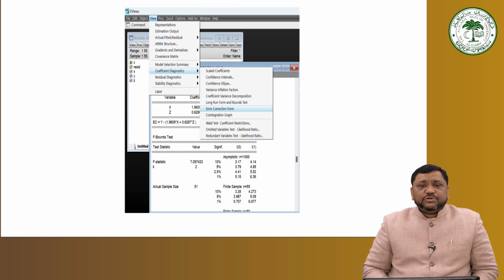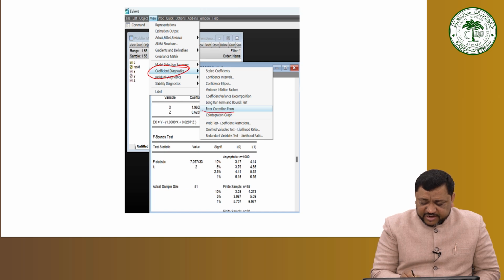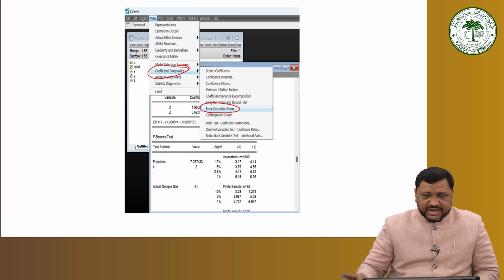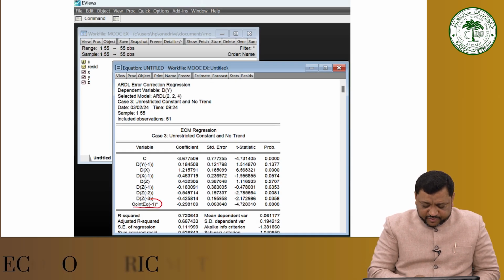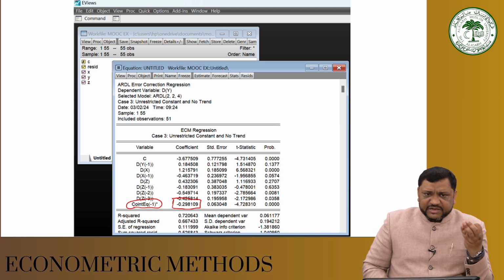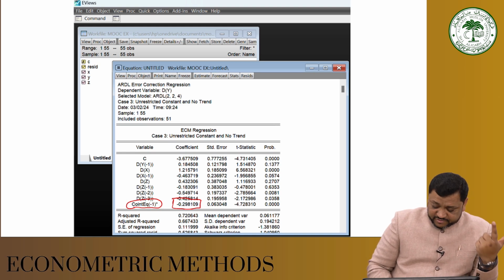Also, we again go to View, Coefficient Diagnostics, and then we can go to the error correction term. When we select this, we get the error correction term over here, and this is minus 0.29. So it is less than 1 and it is negative, fine.